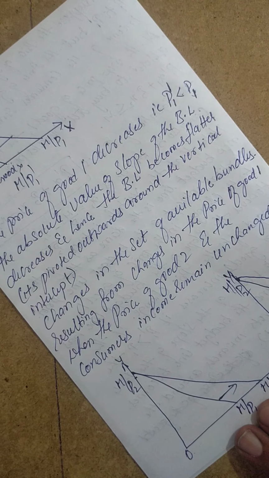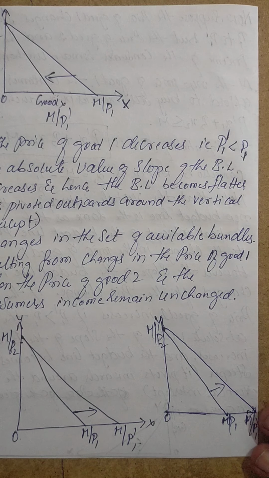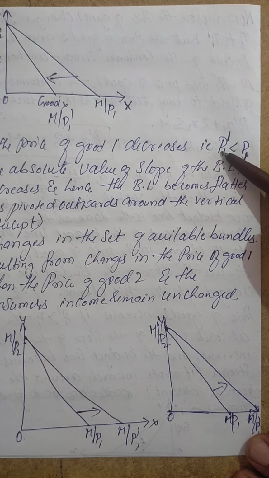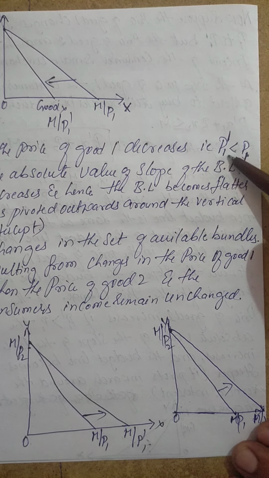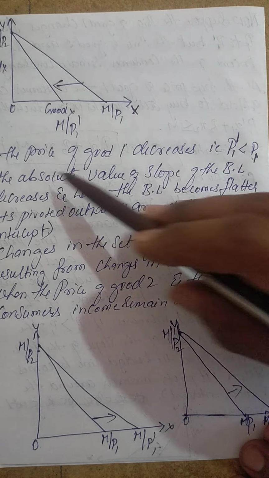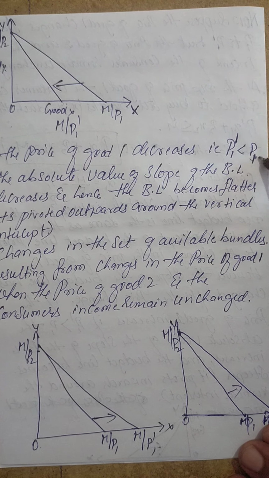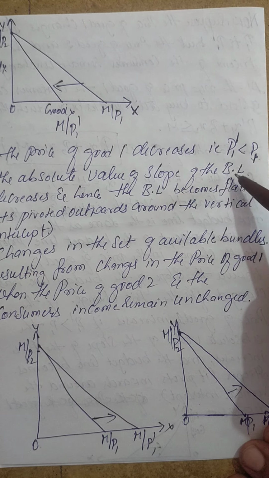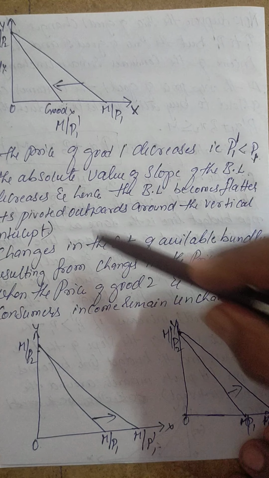Here, if the price of good 1 decreases, this is the original price and this is the change in price. It was increased earlier when the first good's price increased. Now we are seeing the first good's price decreasing. P1 dash is lesser than P1, so the absolute value of the slope of the budget line decreases and hence the budget line becomes flatter.